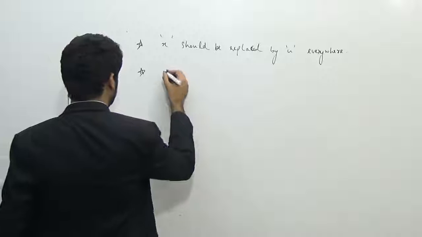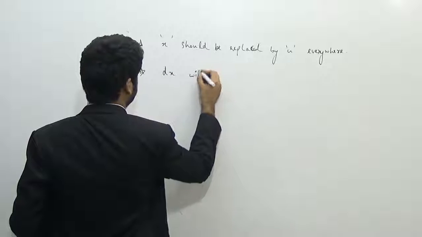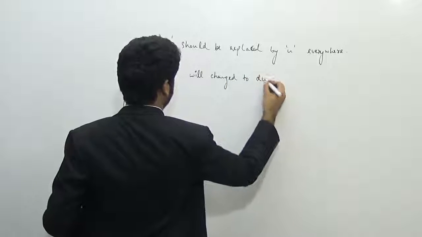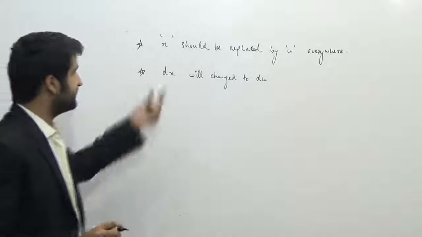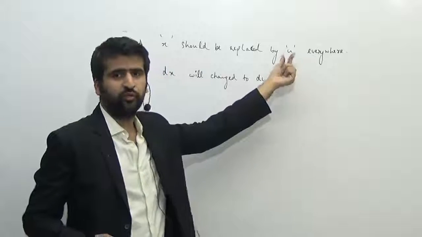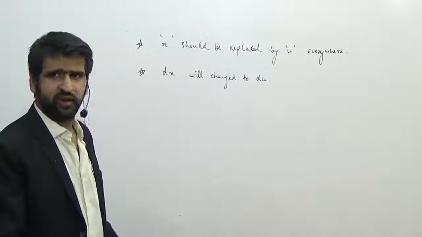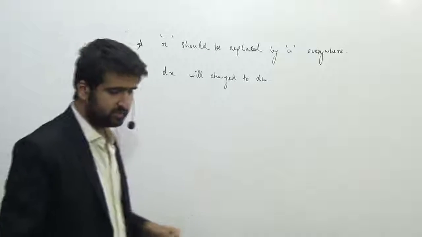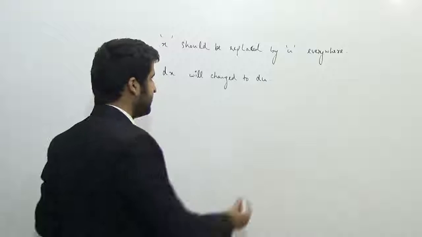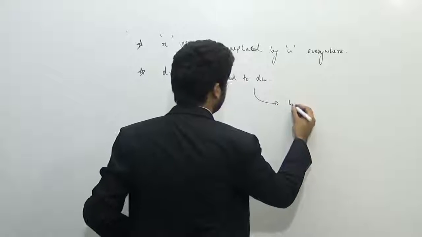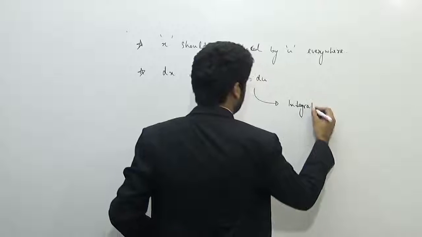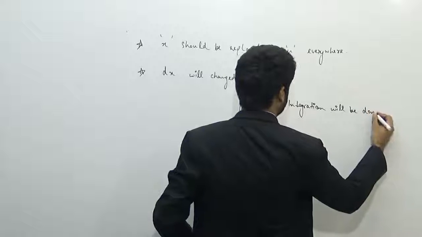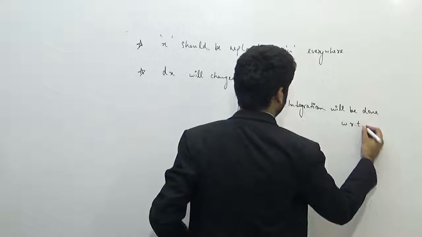And the second is that dx will be changed to du. This is not necessary that you have to take this variable as u only. You can take it as z or t, any alphabet, and this dx will be converted into du. So these are the two basic things which you need to keep in mind. And then the last step is integration will be done with respect to u only.